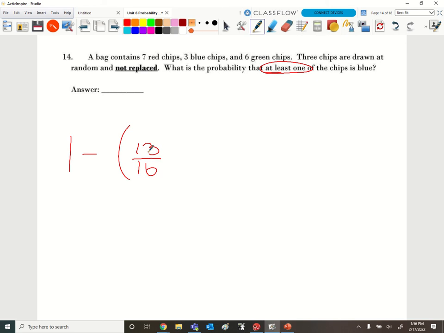All right, now, you ready? So for my probability, I just reach in there, grab one, bam. Not blue, right? Now, how many chips are left? 12 over 15. There's 12 not blues out of 15.